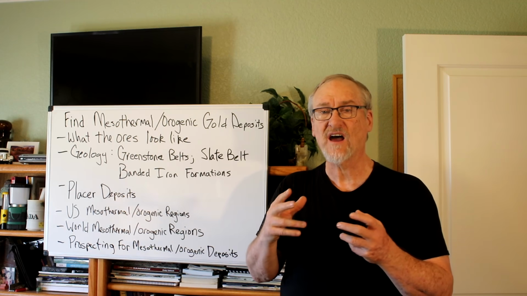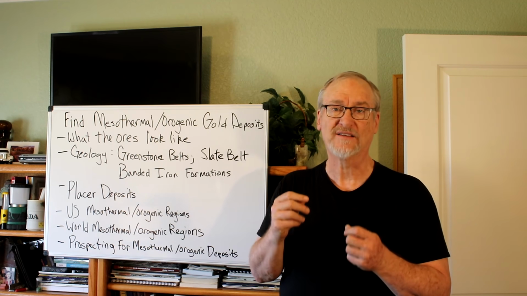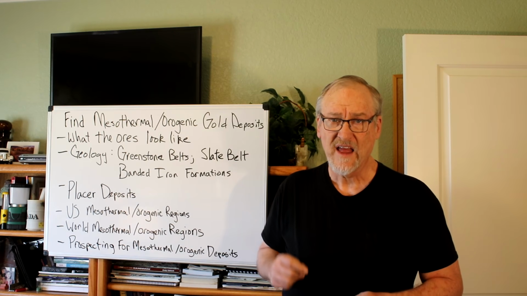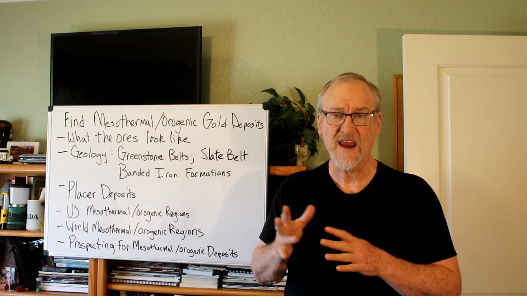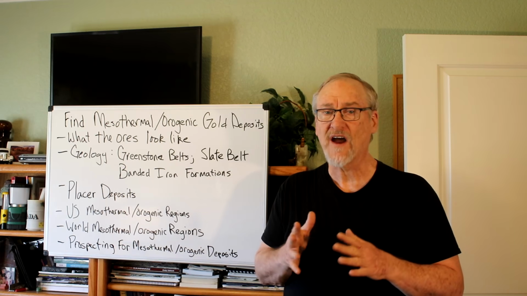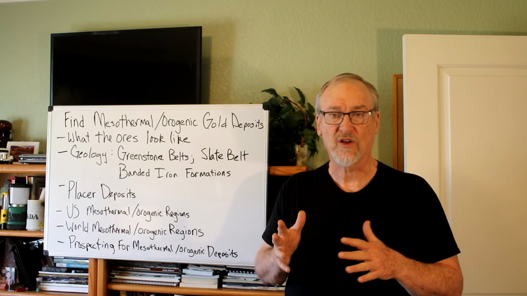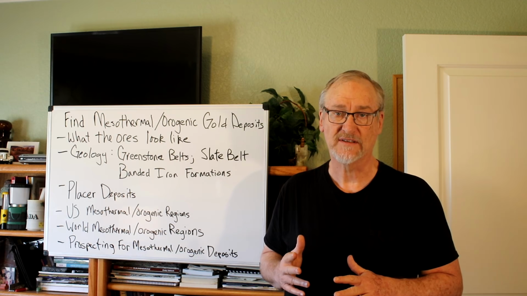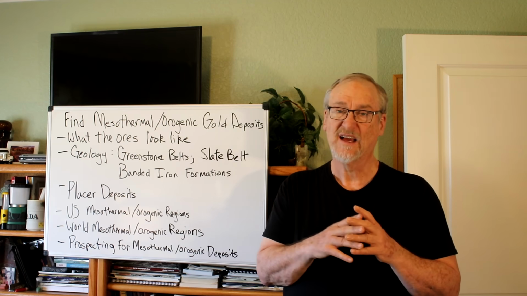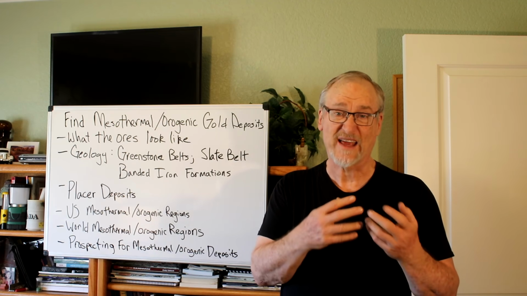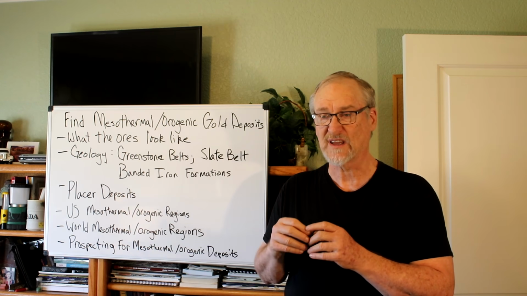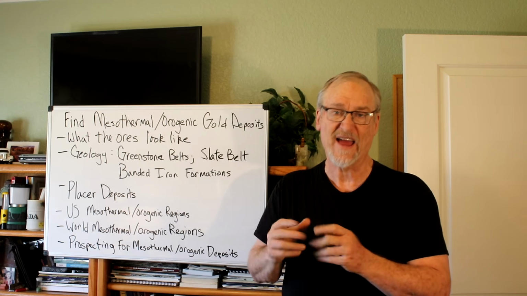Dikes and sills of mafic or volcanic rocks sometimes are closely associated with these deposits. They can be intruded by granitic bodies of molten rock and are found commonly near major crustal or tectonic type boundaries. They're commonly found at the contact of mafic rocks or ultra-basic rocks like serpentine, and then metamorphic mudstones like slates or phyllite.